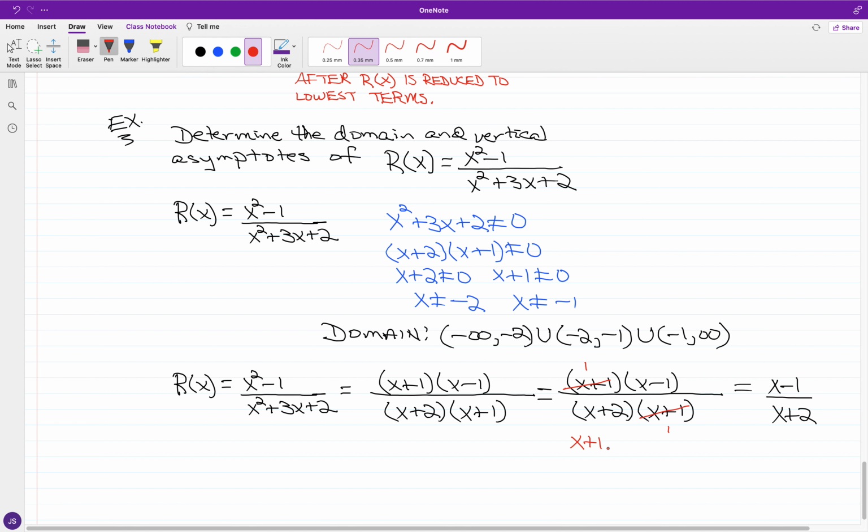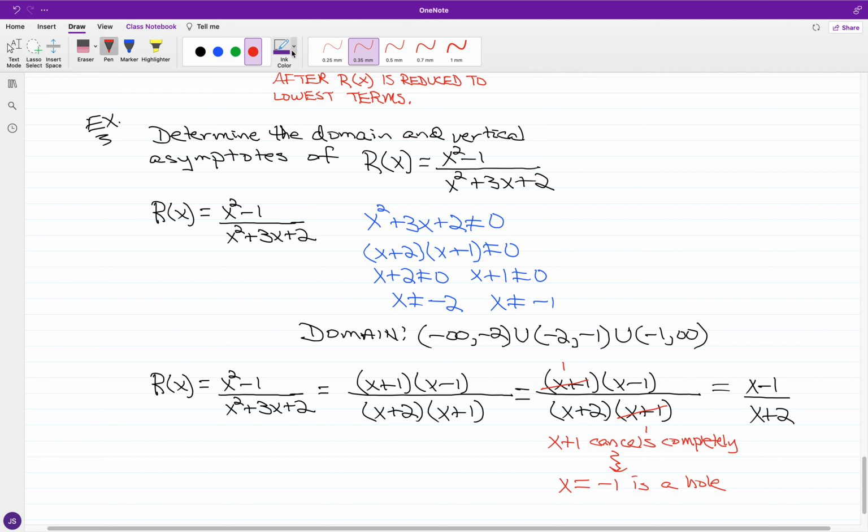Any zero that has a corresponding factor that cancels completely is going to be a hole in the graph. So x equals negative 1 is a hole, like a discontinuity point.